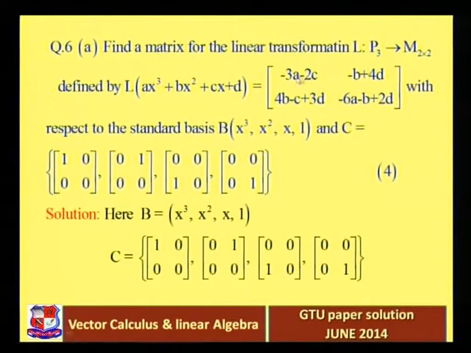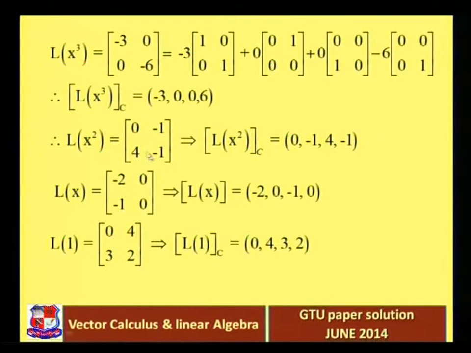So 0, minus 1, 4, minus 1. And when we express this matrix as a linear combination of the standard matrices of 2 cross 2, finally you will get 0, minus 1, 4, minus 1.